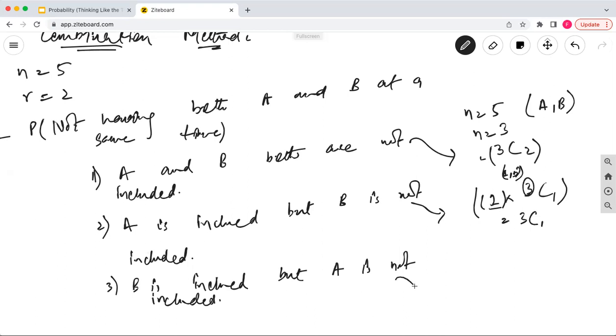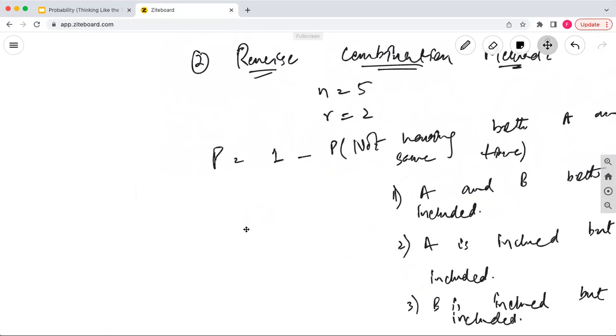And likewise, the third one, B is included. For B, this is 1, and 1 member needs to be chosen next. So that will be 3C1, in which A is not chosen. So the total combinations for the restricted case will be: P is equal to 1 minus (3C2 plus 3C1 plus 3C1).